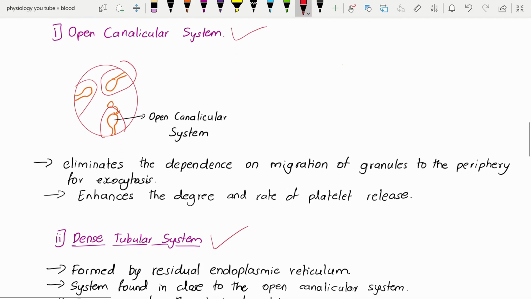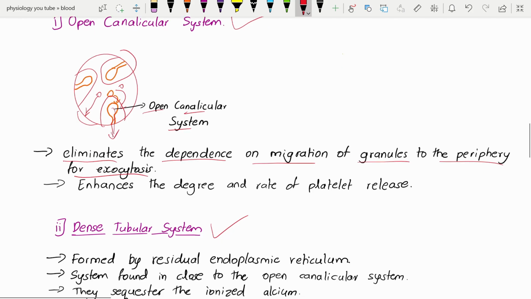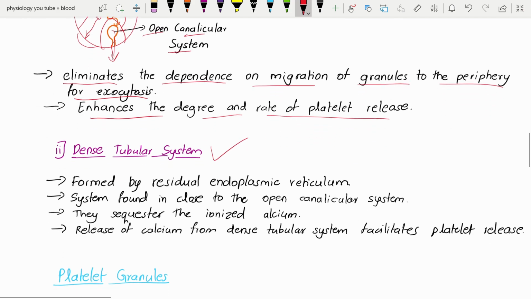I will read here: it eliminates the dependence on migration of the granules to the periphery for exocytosis, which means granules have to travel to the outer membrane, and that requires time. So if you have an open canalicular system, these are already open outside. Once they fuse with this, the contents get easily released outside. So it enhances the degree and rate of platelet release.